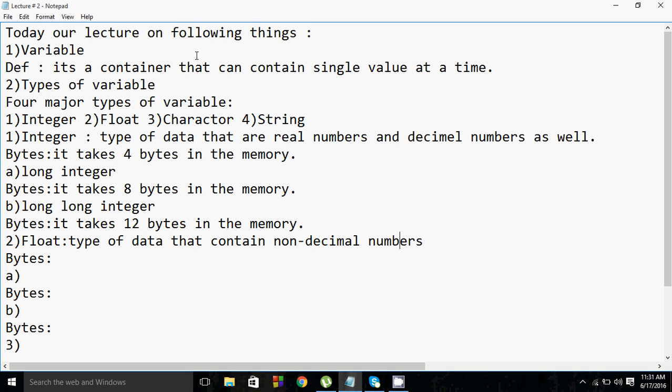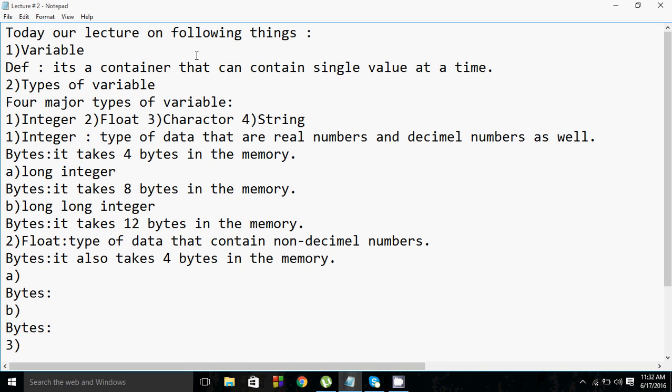Yes, non-decimal numbers. So it also takes 4 bytes in the memory. Yes, it also takes 4 bytes in the memory.